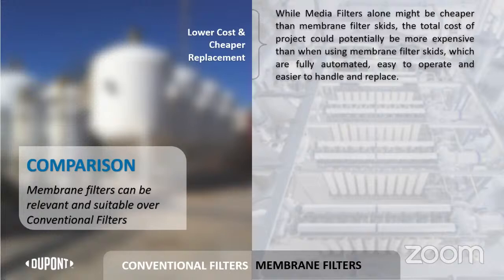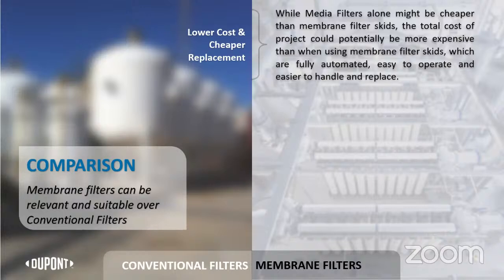When you have a very strong pre-treatment, you can operate at a higher flux. Higher flux means higher flow rate through unit area of a membrane-based filter. You really reduce the number of units, and you are able to handle more throughput through a smaller unit size of the product.